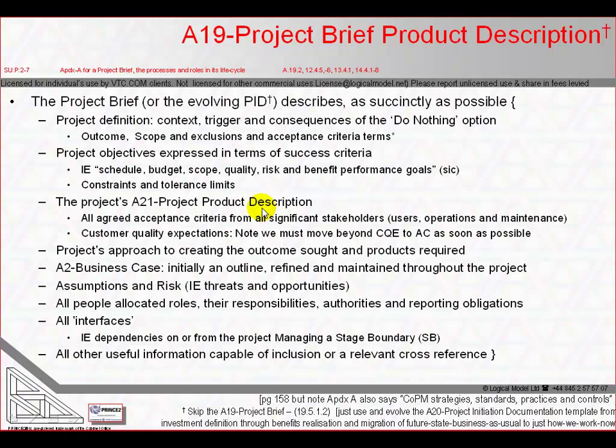For now, I'll mention it includes customer quality expectations, which are what the customer wants and may be contradictory and unachievable. And the project product description also includes acceptance criteria, which are an agreed, measurable and prioritized list of what must be present in the outputs for them to be acceptable to the users, operations and maintenance staff.